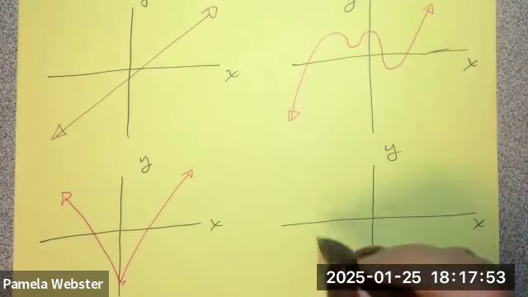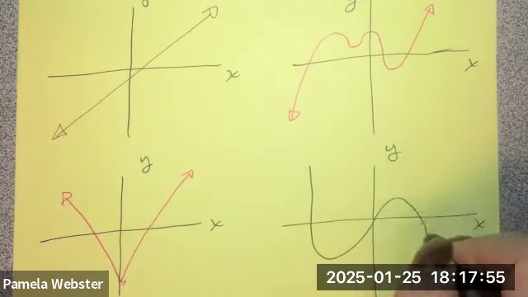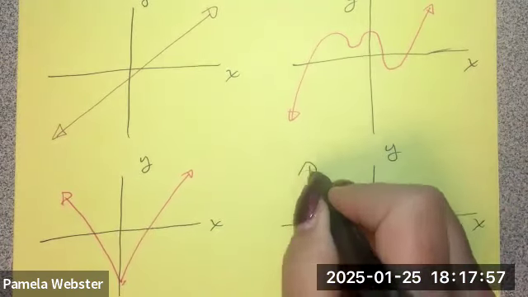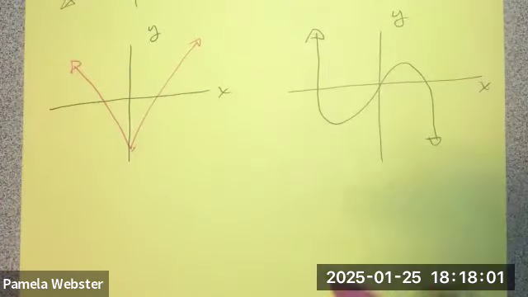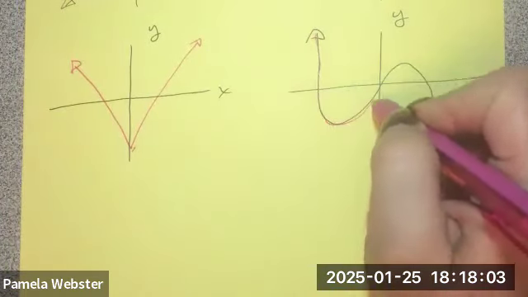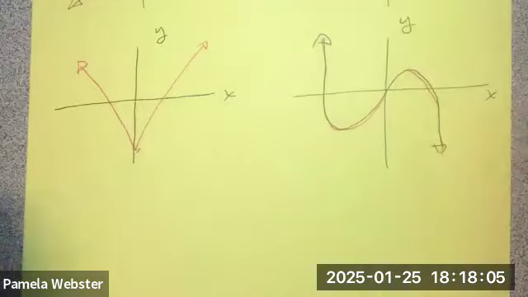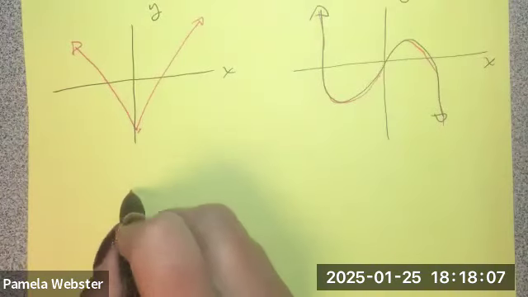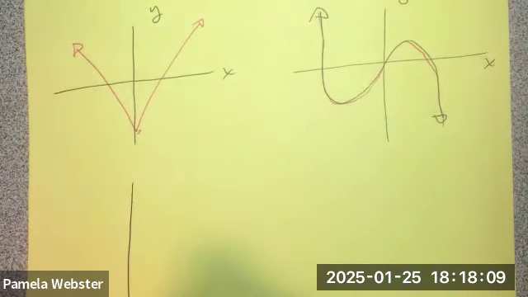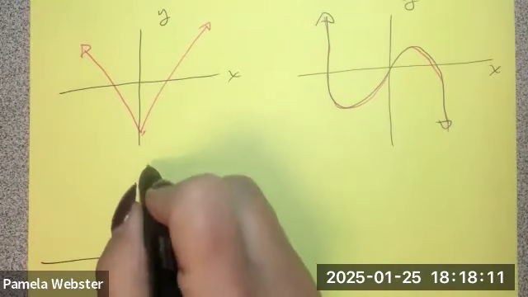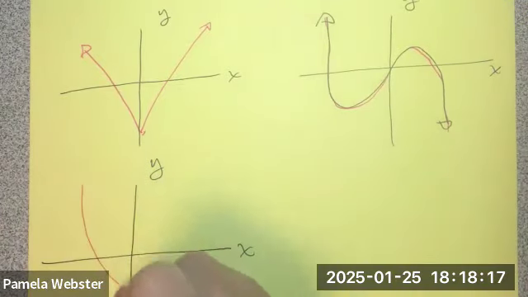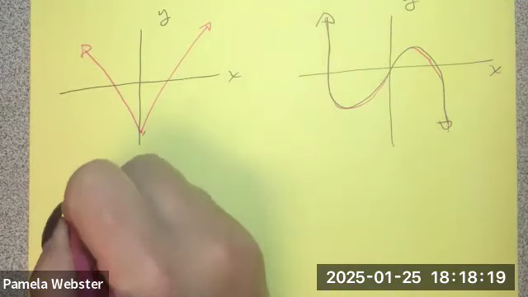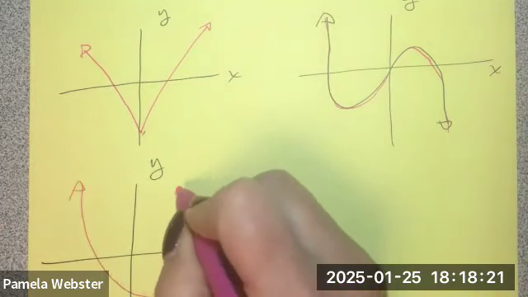X and Y. This guy looks like this. Oops, I didn't change colors, sorry. You get the point. There's my graph. And let's do one more. X and Y. And this guy looks like this.